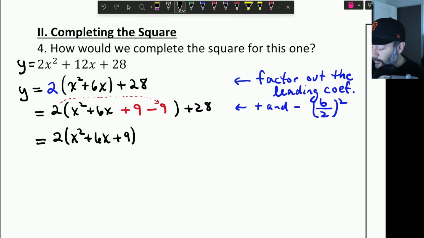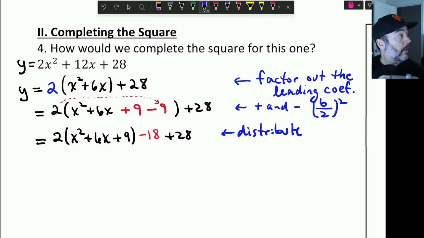But what's going to come out of the parentheses is minus 18 plus 28. So let me just make that red to clarify. That's what we did there. So distribute the 2.